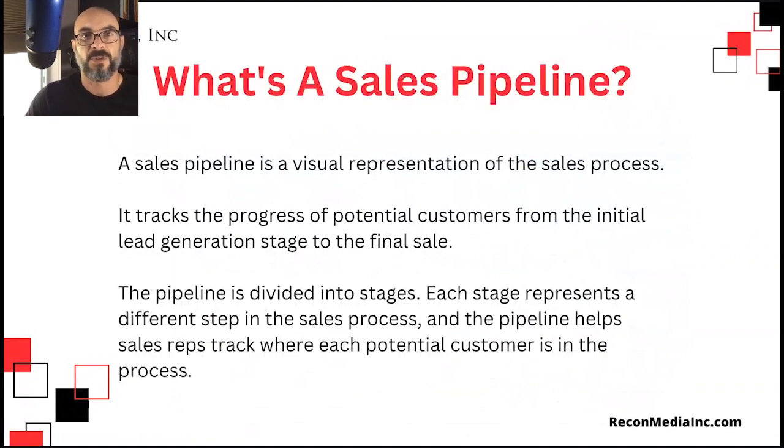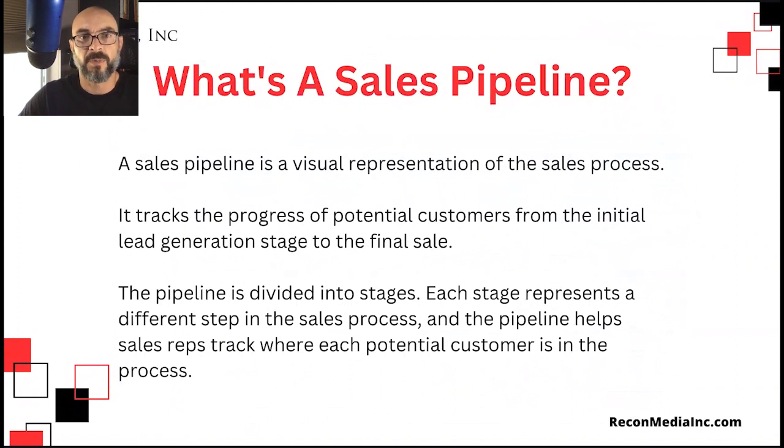And this allows you to visualize that and move people through your process and be able to track. So essentially what it does, it takes your sales process and breaks it into stages from lead generation all the way to the final sale, and then allows you to know exactly where your prospect is in that sales process, what sales rep is managing what lead, and a lot more information can be pulled from your sales pipeline.